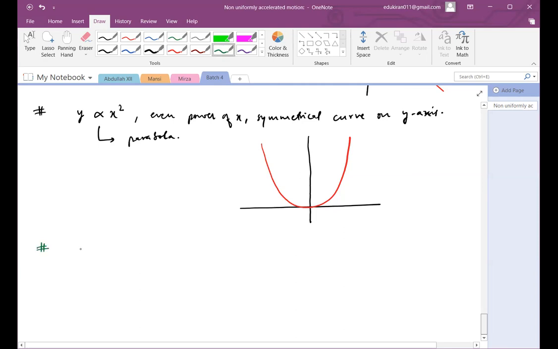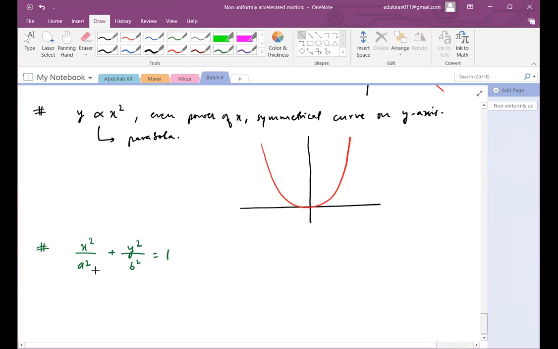Now, suppose you have x squared over a squared plus y squared over b squared equals 1. In this part, we have even exponents for both x and y, so it will define a graph symmetrical about both x as well as y.